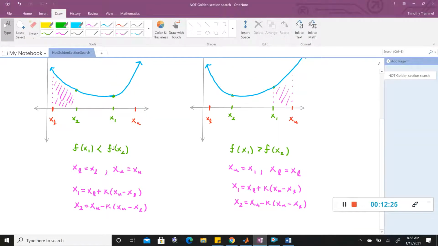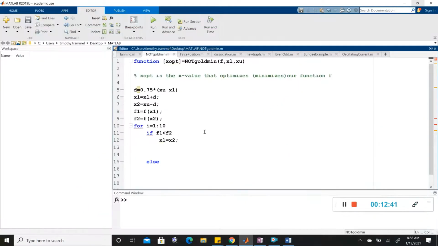So if we go back and look, xu equals xu, so I don't actually need to write that. But something I didn't write is that for now, x1 is our best estimate at the minimum, right? It was smaller than x2. So we'll write in here as well that xopt is equal to x1, but we can suppress all that.